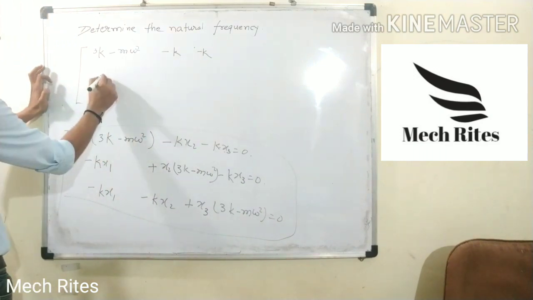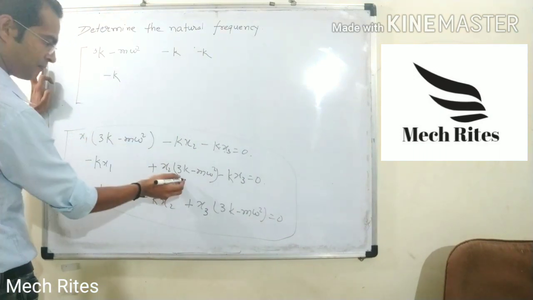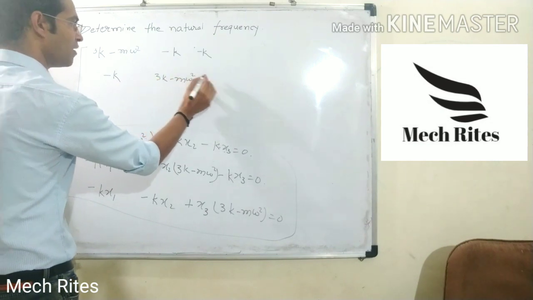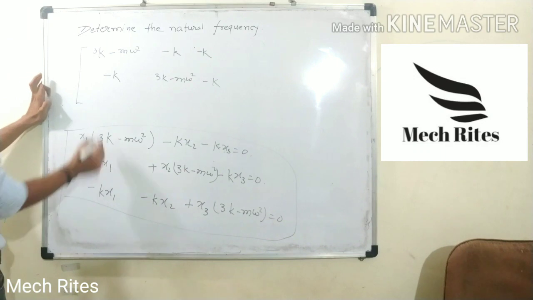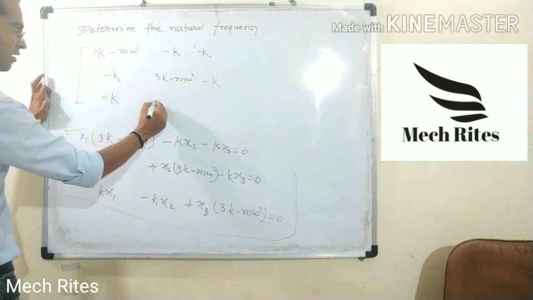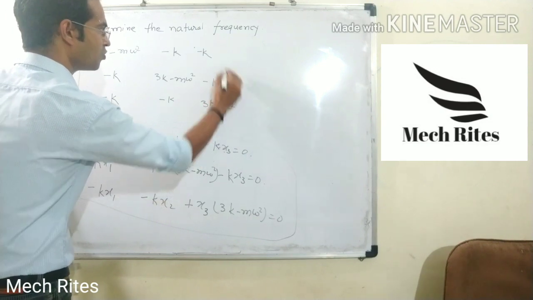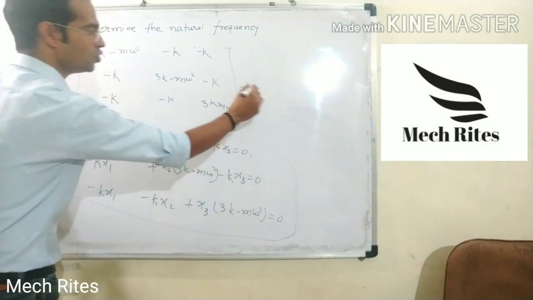For this part, x1 is minus k, 3k minus m omega square, minus k, and 3k minus m omega square, matrix close, equal to 0.